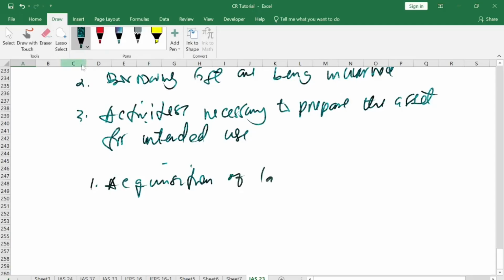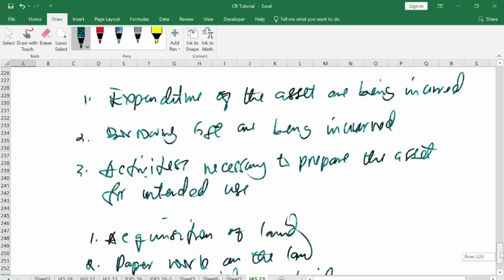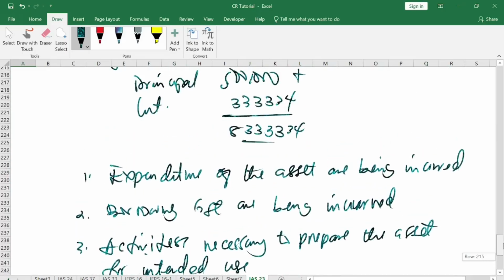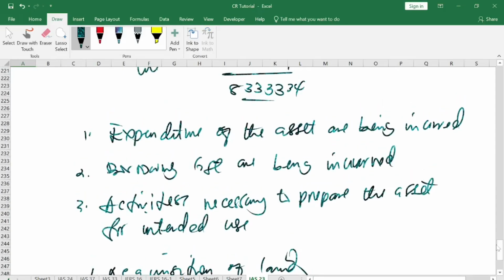Maybe paperwork on the land, buying of building materials. These are some of the preparatory activities necessary to bring the project to life. When they start, you can start calculating the borrowing cost. So these are the 3 commencement conditions that must be met before the borrowing cost can be capitalized.